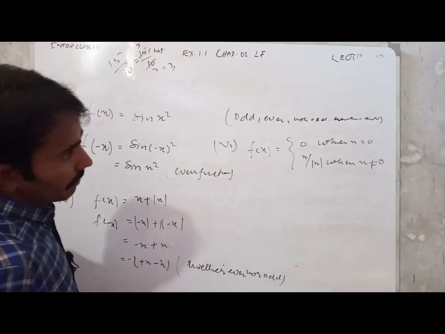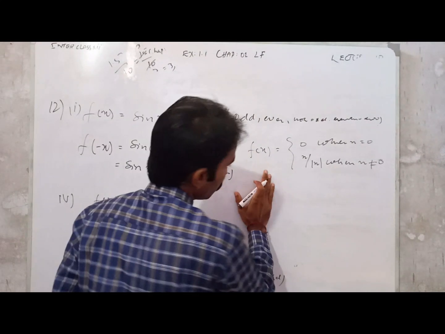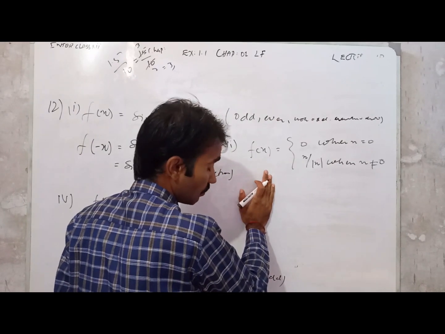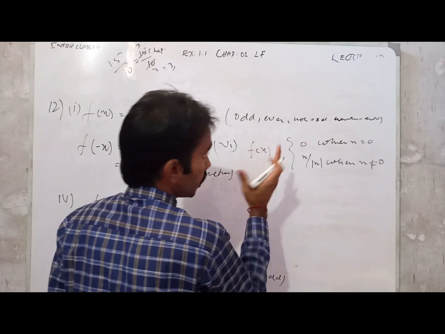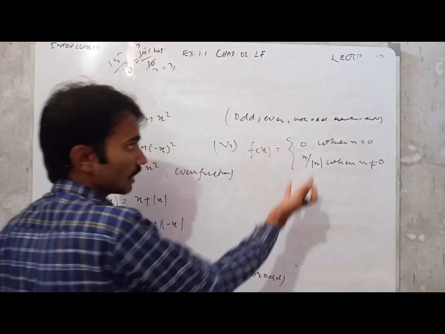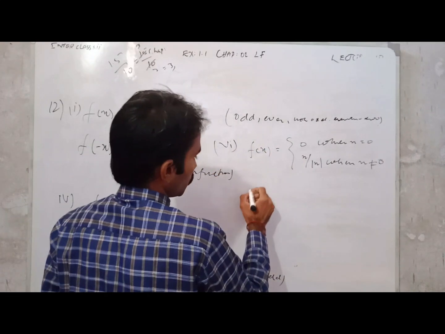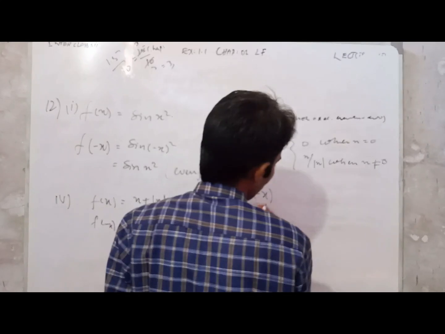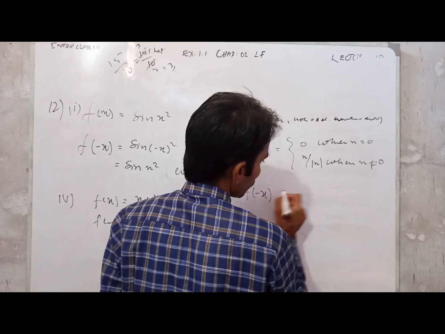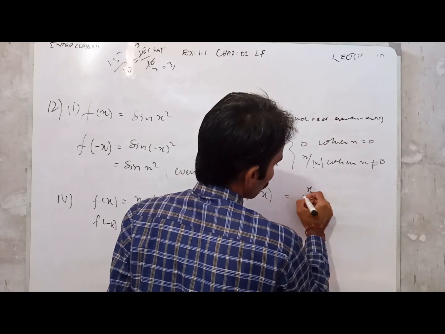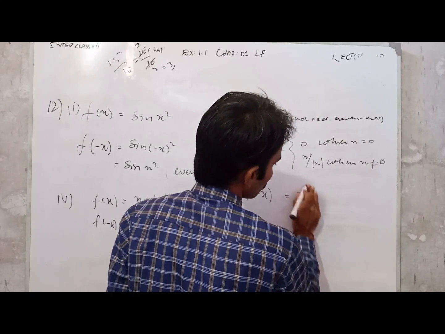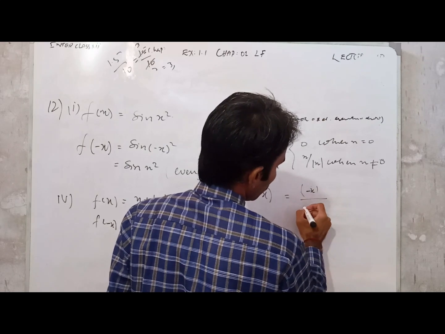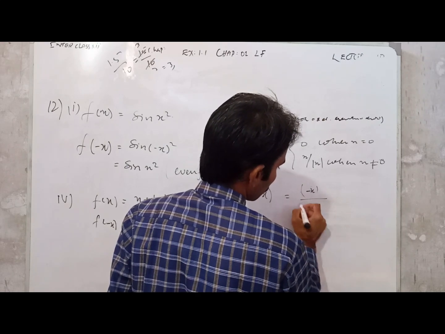Now what we have to do, we just put the minus sign in place of x, and see whether we get an even function, an odd function, or neither even nor odd. So minus x, and minus x.